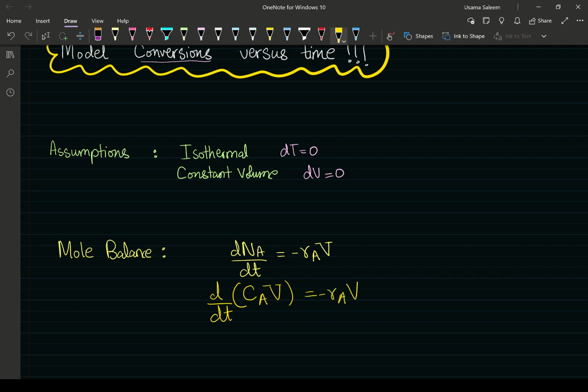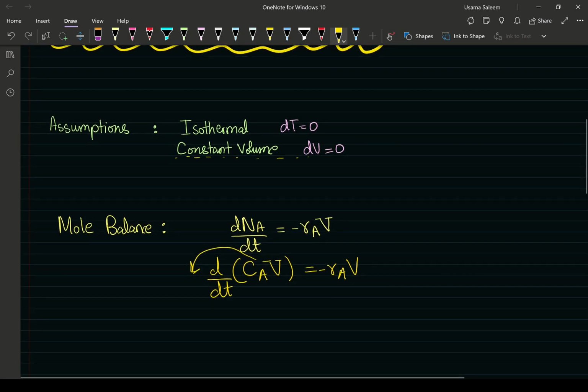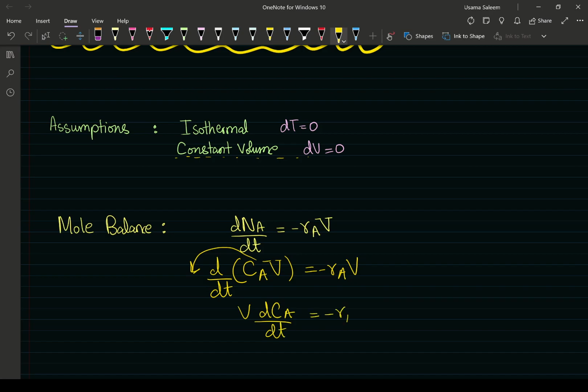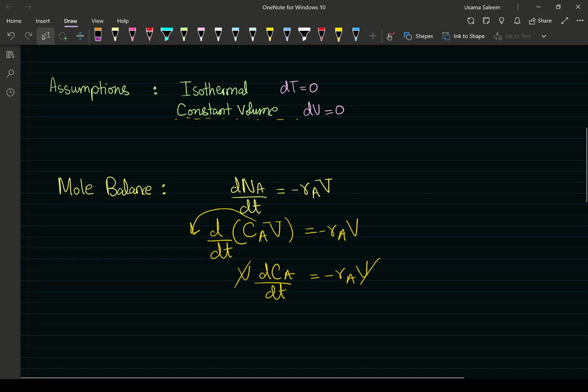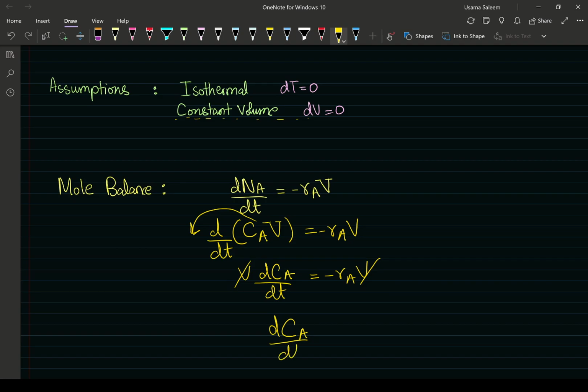And since we have constant volume, I can just pull the volume out of the derivative and see what happens. Just some working ahead, and boom. Our mole balance has been slightly simplified by using one of our assumptions.